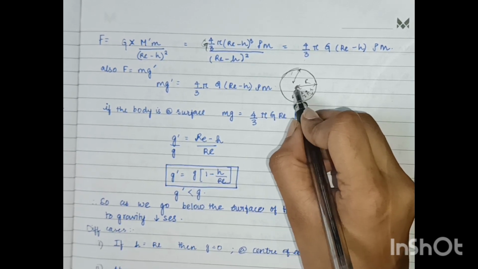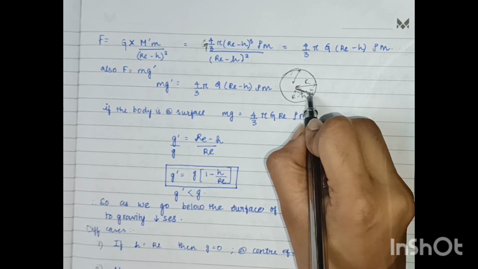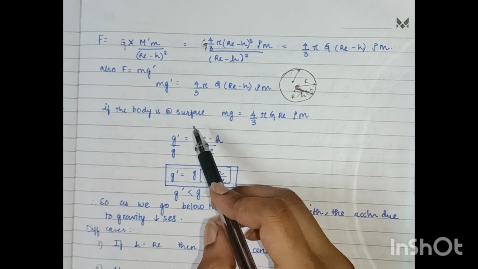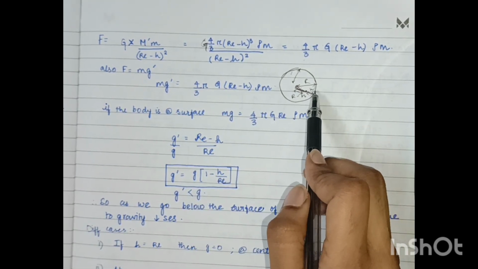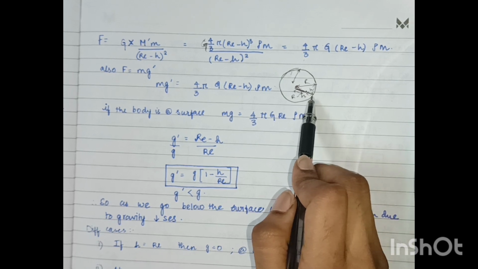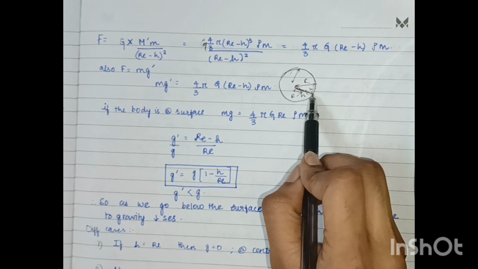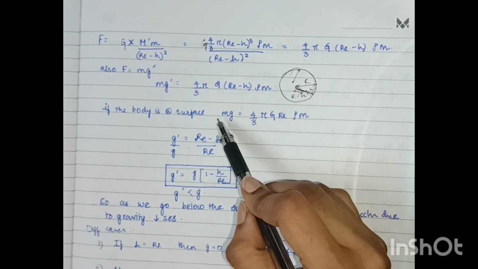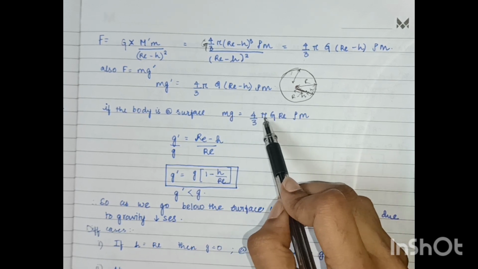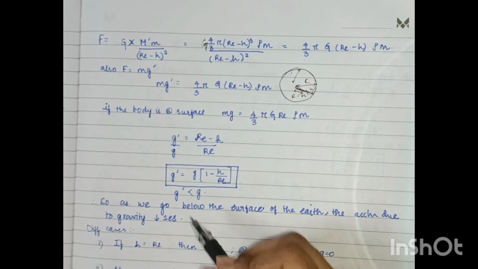This will be r minus h and this will be h. Now if the body is at the surface, that is if the body is here, then we can say h is equal to 0. If the body is at the surface, then there is no value of height. That is, h will be 0, then m g will be equal to 4 by 3 pi G r into rho into m.